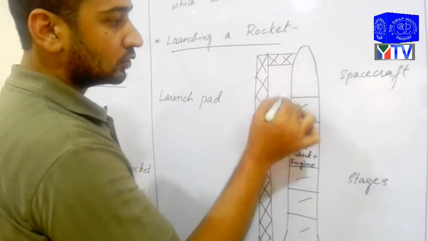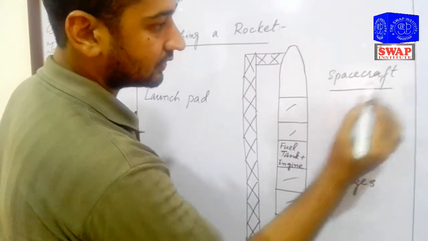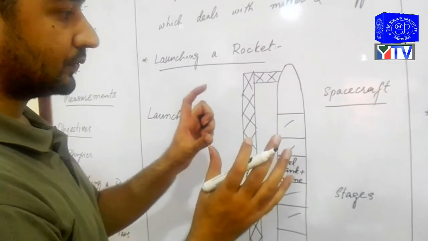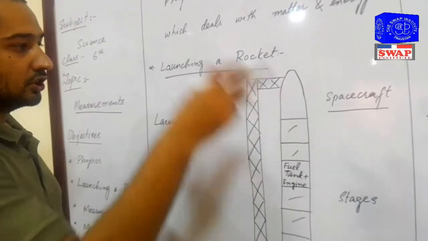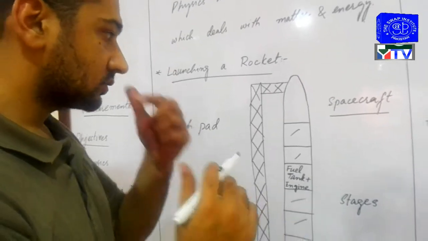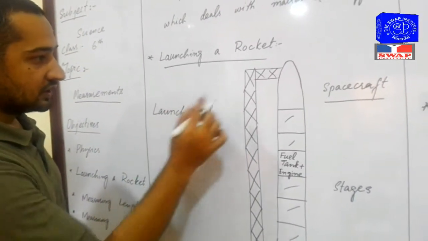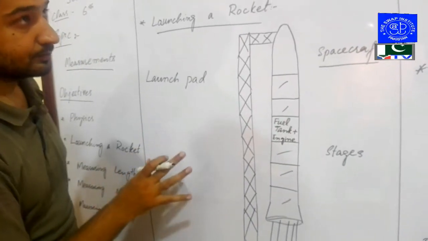The upper top part of the rocket is called the spacecraft. This is the required part of the rocket which is needed to move around the earth or around the solar system, the sun. This one is the launch pad, okay.